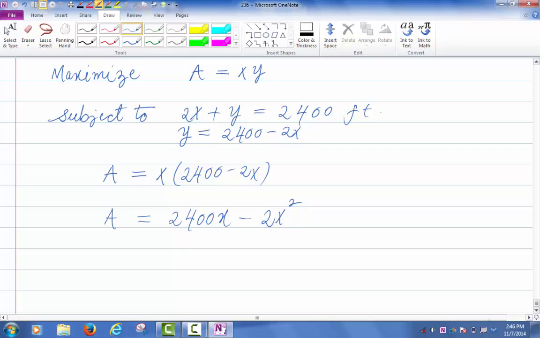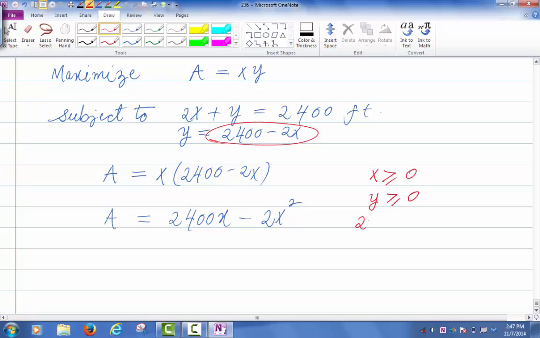x has to be non-negative, no question about it. It's the length. Now, can I pick x to be any large positive number? Well, the answer is maybe not. Why? Because y has to be non-negative as well, right? However, what is y? y is this quantity.